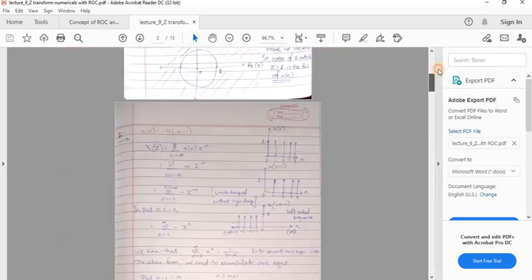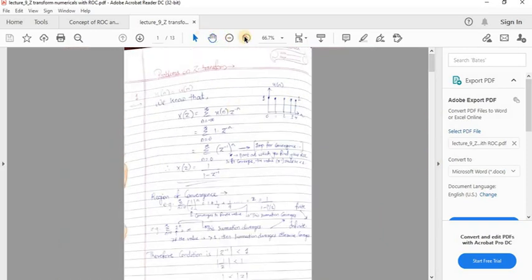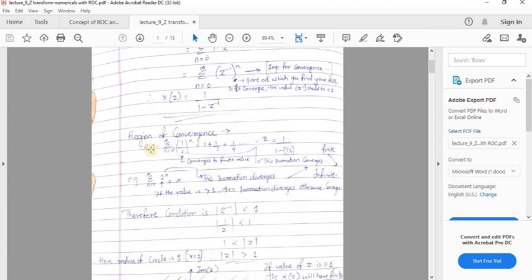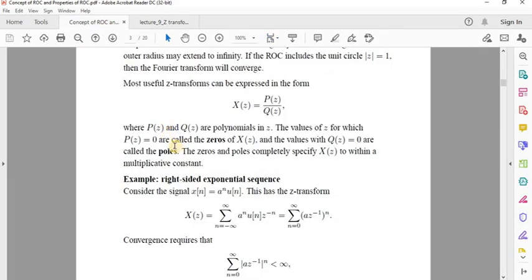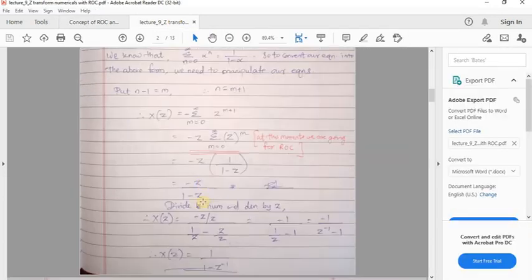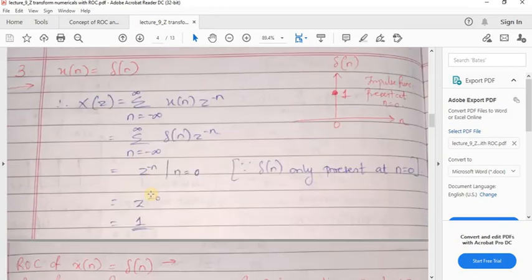In this PDF I have solved the problem and, after it, identified the region of convergence for each and every problem. I have uploaded this PDF into Microsoft Teams, you can check it out. If there is any problem, contact me. So, where we were stuck on this problem.